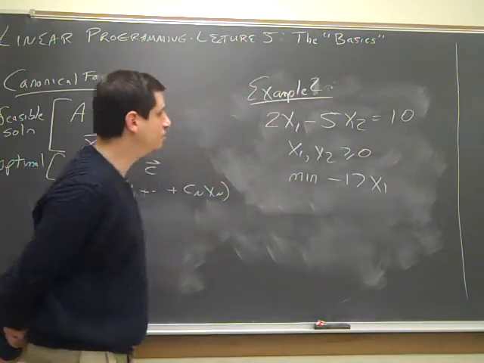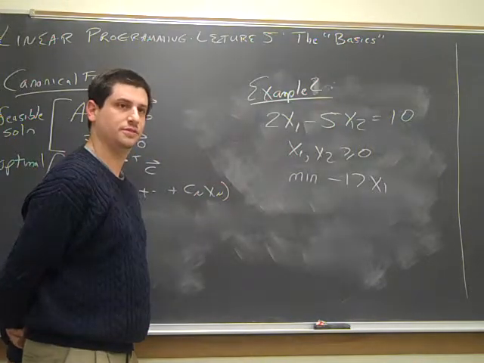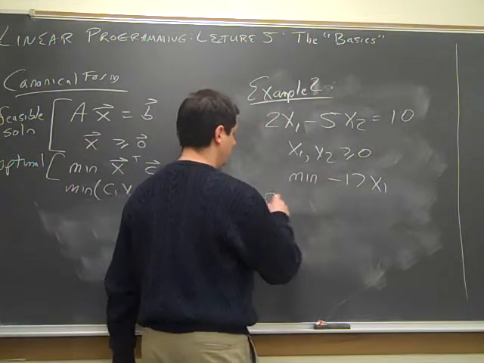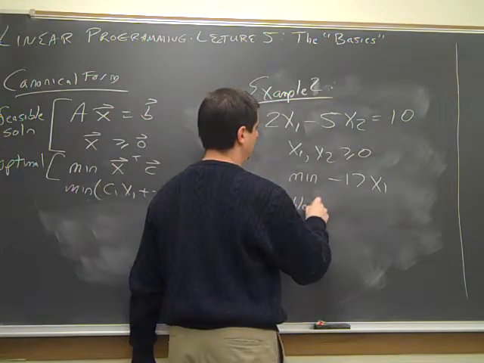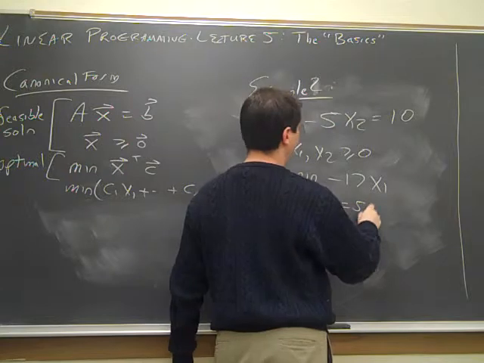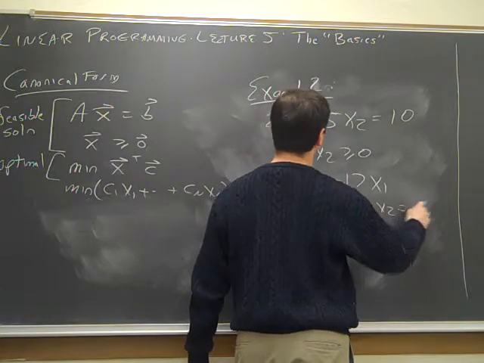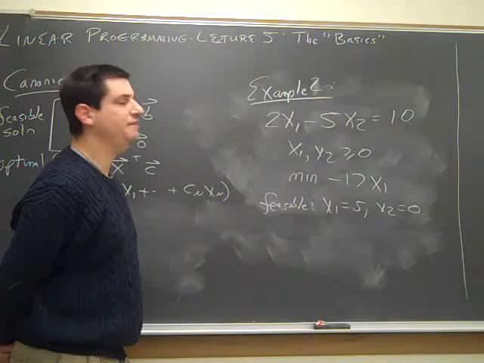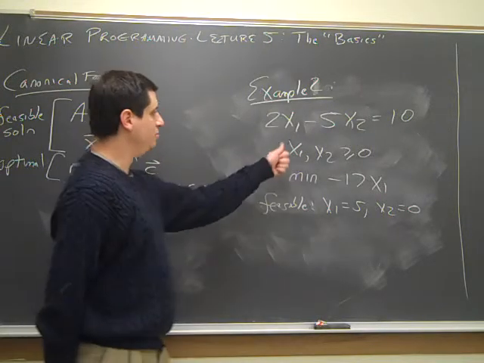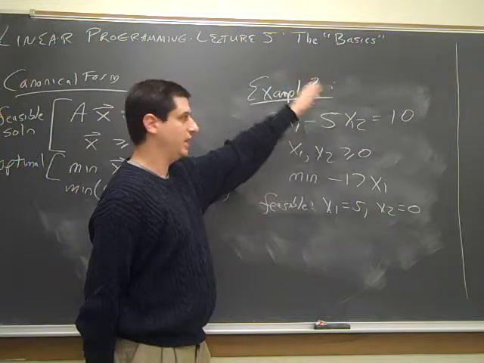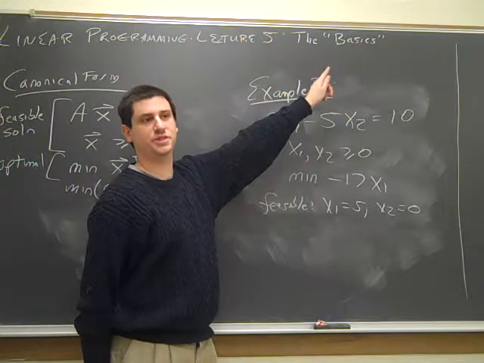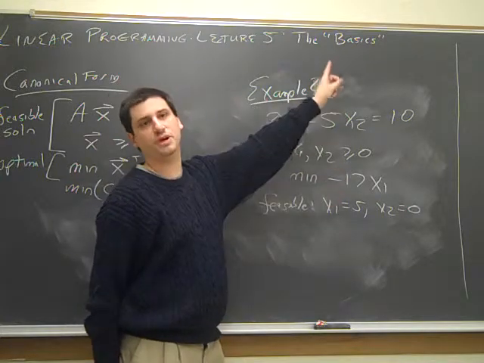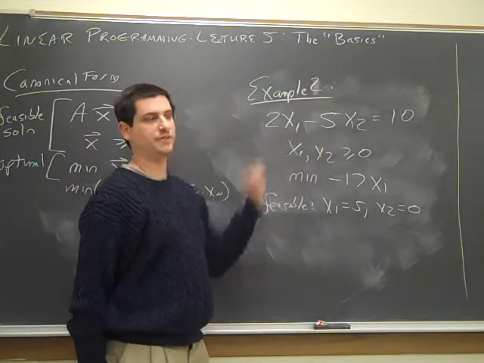So is there a feasible solution to this? Yeah. Take x1 equals 5, x2 equals 0. And in fact, there's going to be infinitely many feasible solutions. I can keep increasing x1, and then I just start increasing x2 to compensate. Basically, every time I increase x1 by 5, I increase x2 by 2. So I'll have infinitely many.